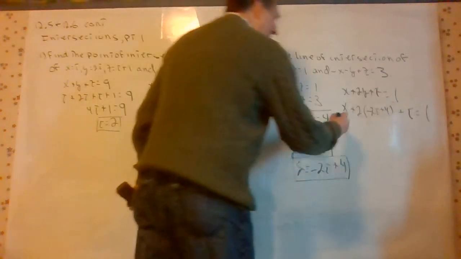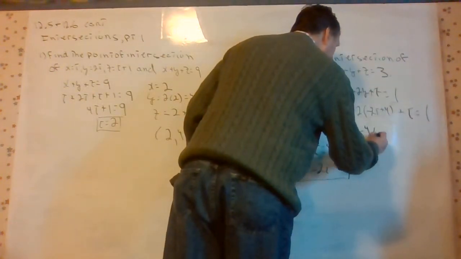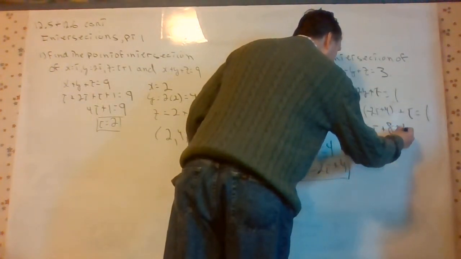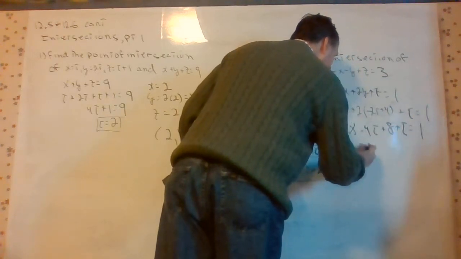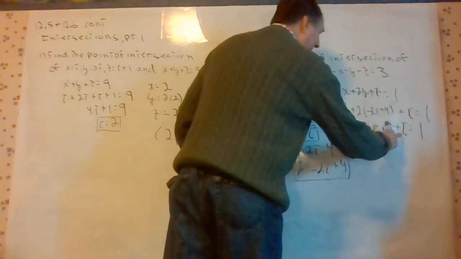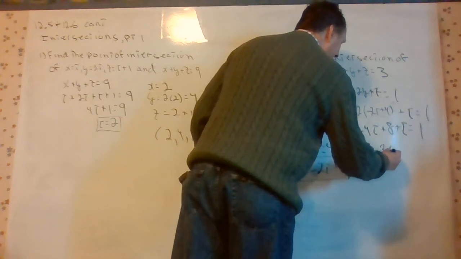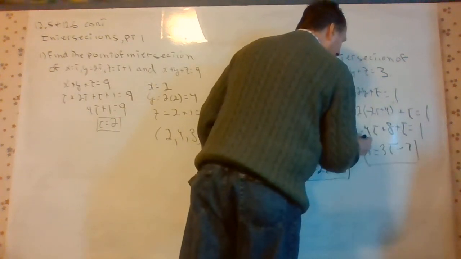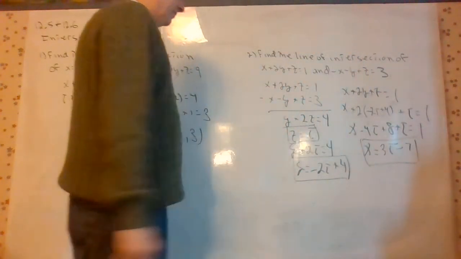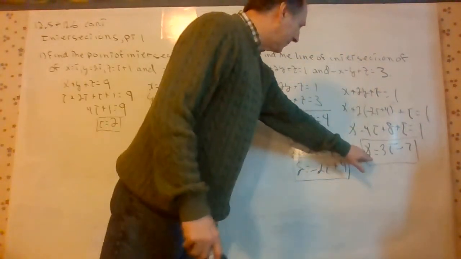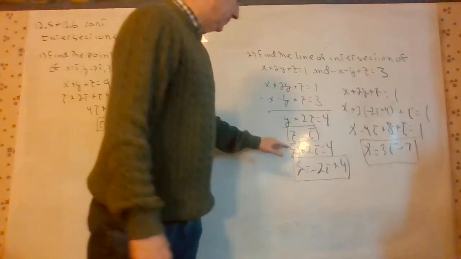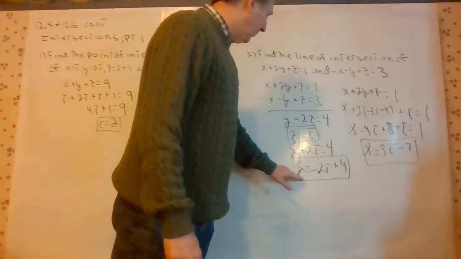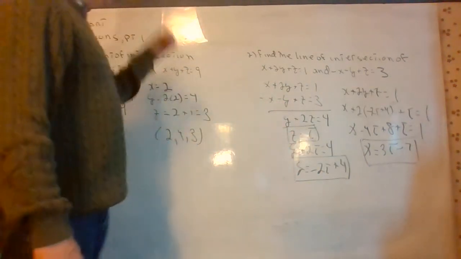And x minus 4t plus 8 plus t equals 1. And this is negative 3t. Move it over here, we get 3t. Move the 8 over here, minus 7. And there's our answer. There's our line equation, a parametric form of a line equation. That's normally what you end up with. X equals, y equals, z equals.